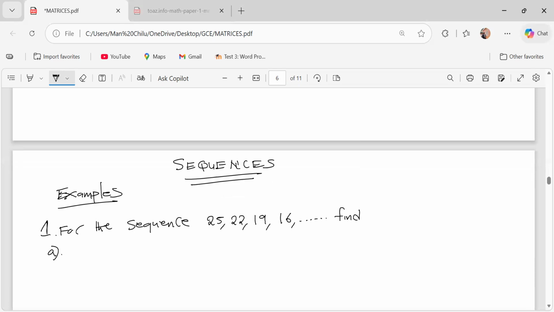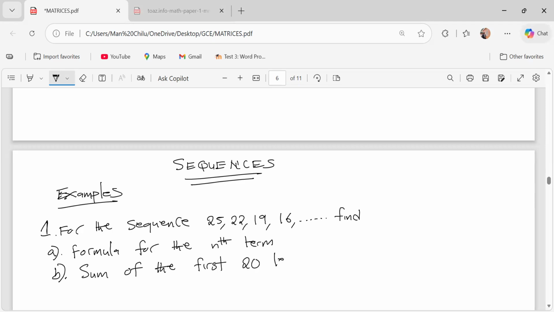So find the formula for the nth term, and B, sum of the first 20 terms.